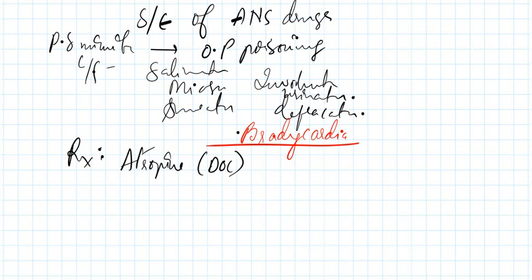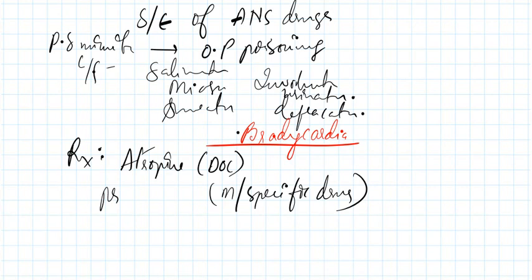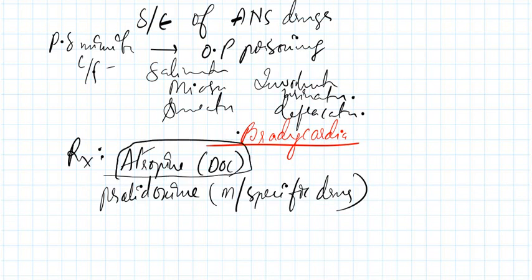But if they ask you the most specific drug for OP poisoning, then only you should tick the pralidoxime option. Don't make any mistake. Pralidoxime is the most specific drug of OP poisoning.